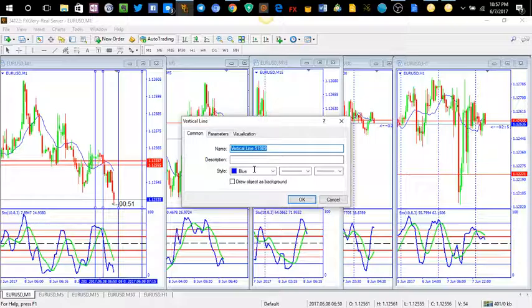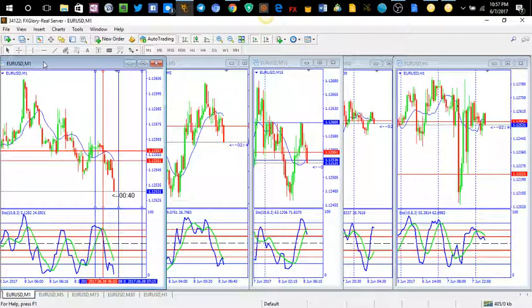Ideally, we either want to trade this failure to the downside on the 5 minute, or we want to wait for a retest on the 1 minute.